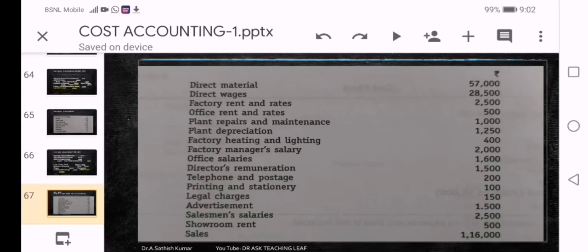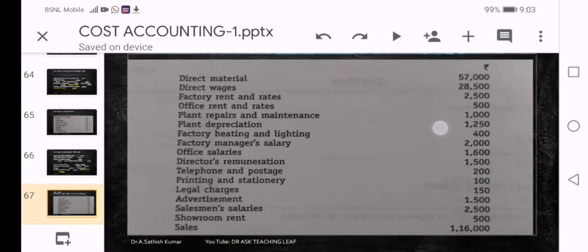All direct material, wages and direct expenses you have to take first to get the prime cost. Then you will start overheads in the form of factory, office and administrative, and selling and distribution. Okay, so all these you have to see. And the last final item given is sales. Difference between the total cost and sales itself is either profit or loss, which you are going to show in the solution.